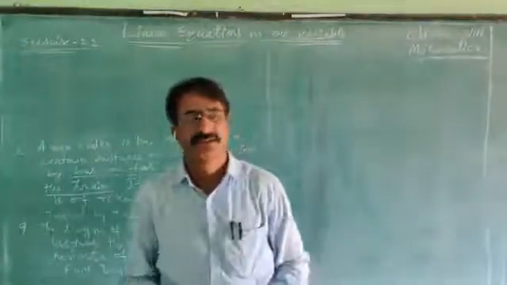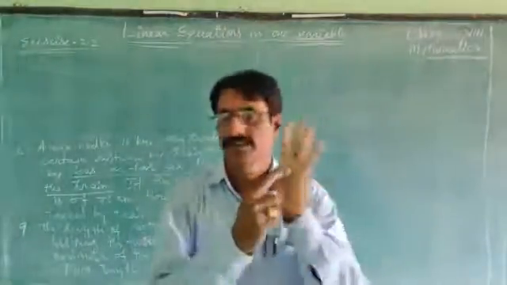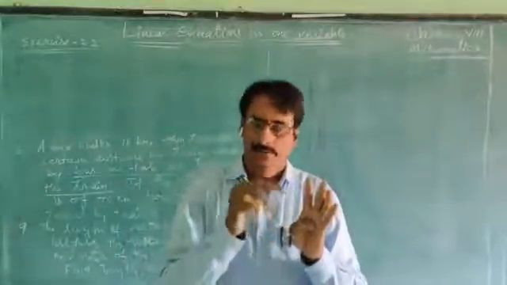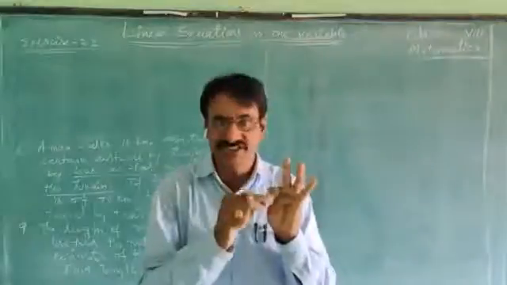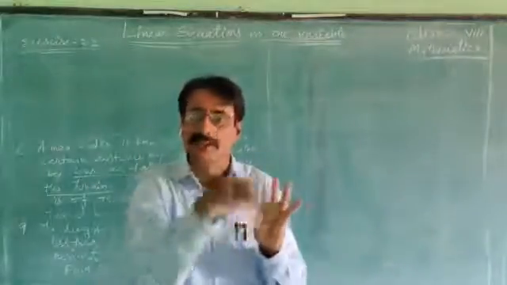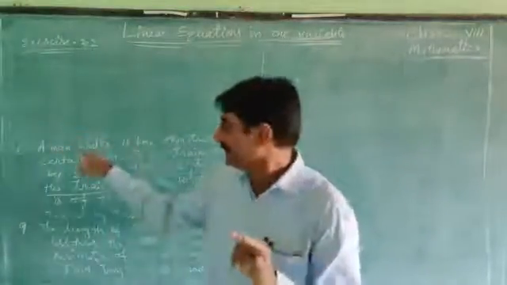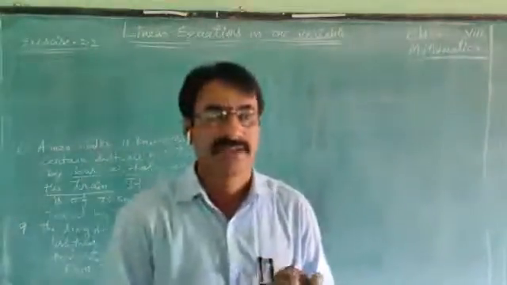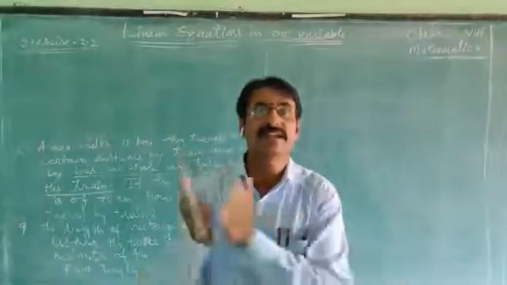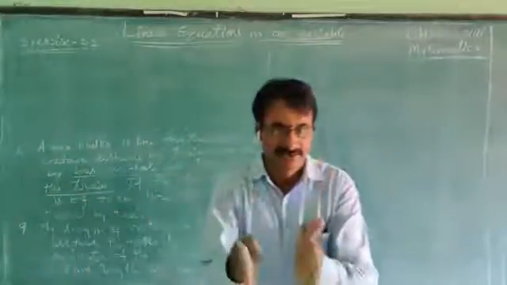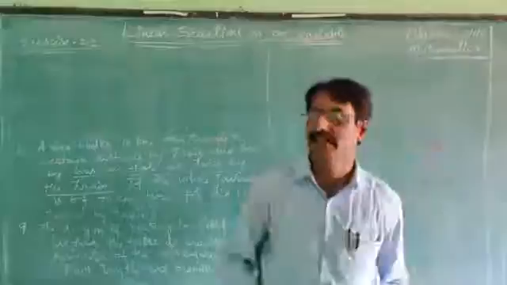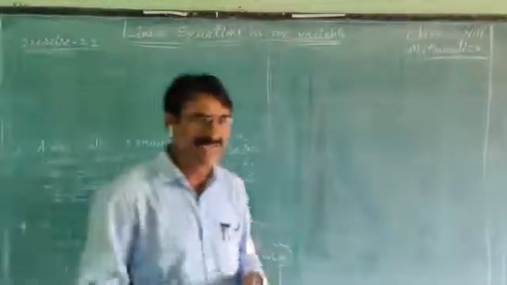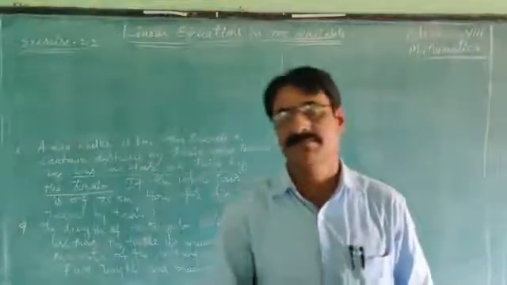2x kilometers. We know the distance traveled by train, x kilometers. From this, we got the distance traveled by bus, 2x kilometers. And the third one, walking distance, 10 kilometers. Sum of these three, that means x plus 2x plus 10 equal to 70. Do you understand? It is a simple analysis.